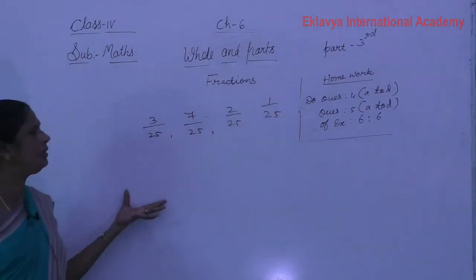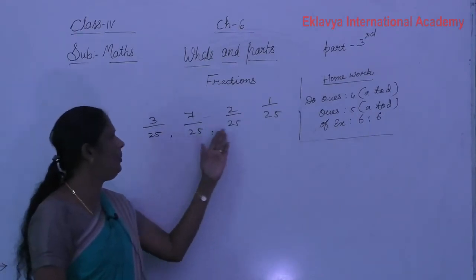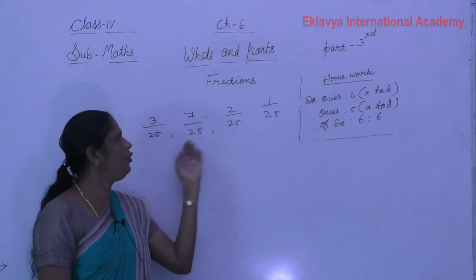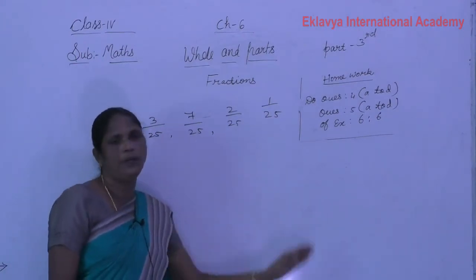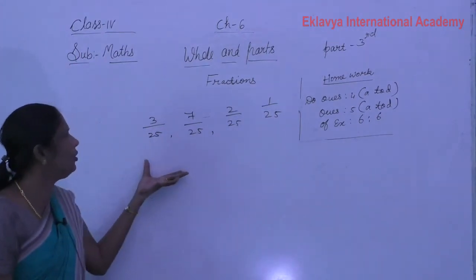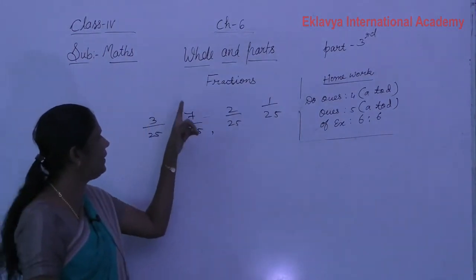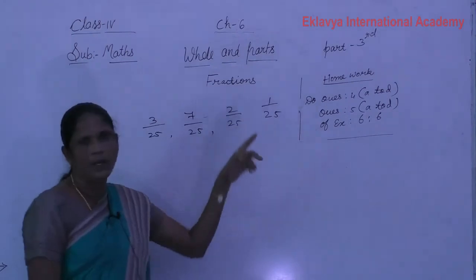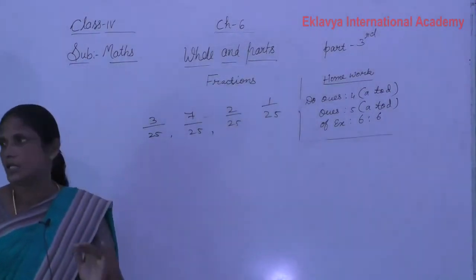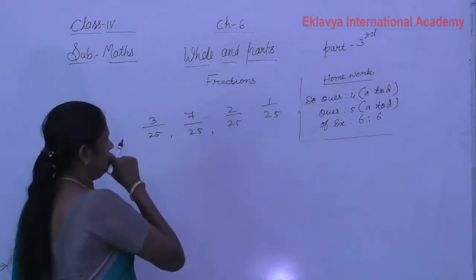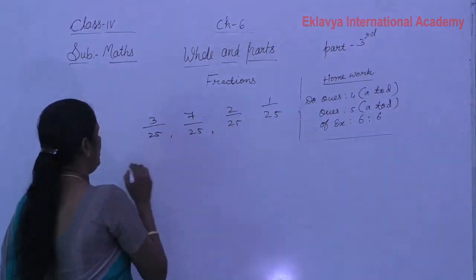First you look, all denominators are the same. Then you look at the numerators. Here 3, here 7, here 2, here 1. Which is smaller? Ascending means smaller to greater. Which is smaller? 1 by 25.